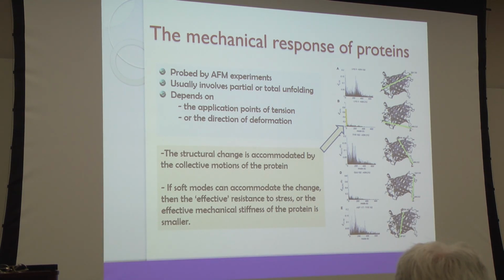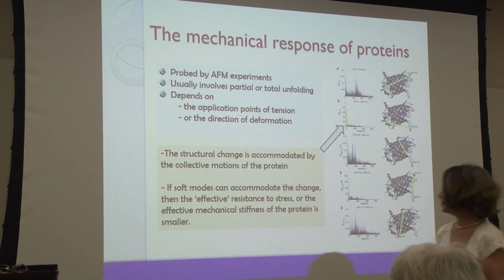And the unfolding mechanism sometimes provides information on the folding mechanism. That's one of the motivations. But in general, to characterize a protein, a molecule, I'm not going to defend why AFM experiments are done, but to me, it's another piece of information on the mechanics.